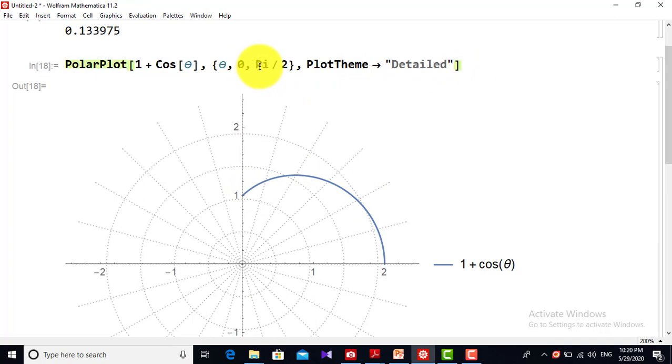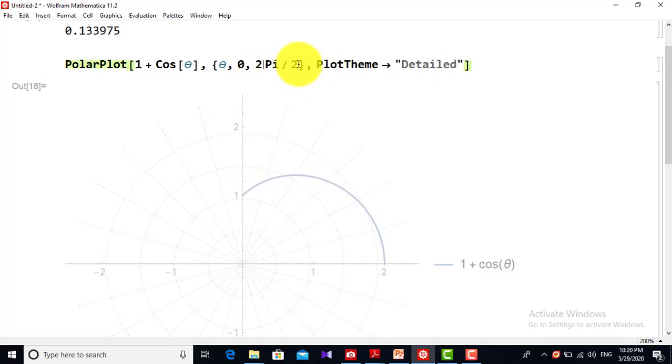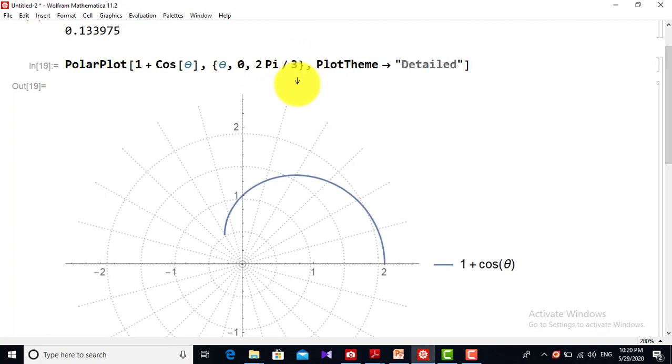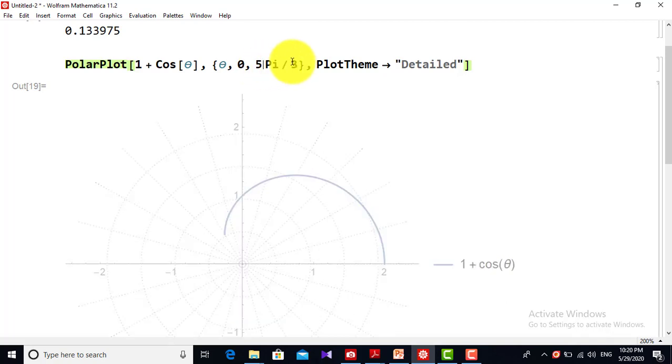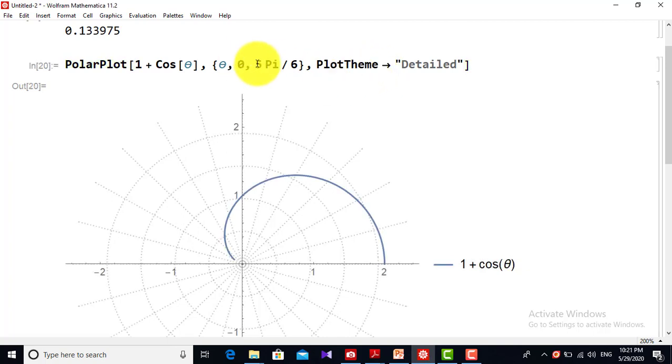The next one, for example, 2 pi by 3 or 120. So this is the value of 2 pi by 3. The next value, for example, 5 pi by 6. This is the value of 5 pi by 6. The next value, I will be giving only pi. Giving pi is the easy one, so I will be getting a graph like this.